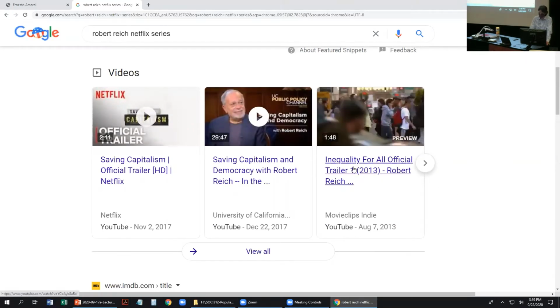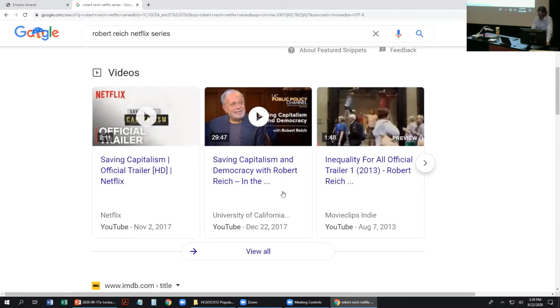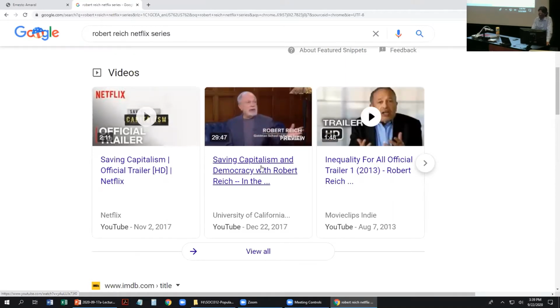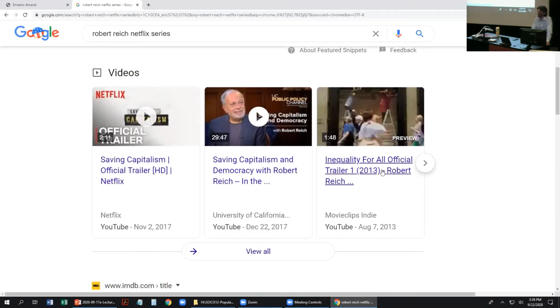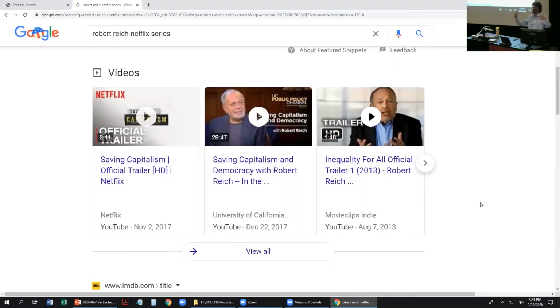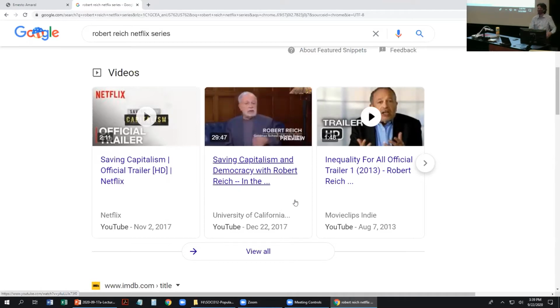One is Inequality for All from 2013, and another one, Saving Capitalism and Democracy from 2017. He's pretty much the first one focusing on the increase in inequality in the country, how exactly the capitalists, the ones that own the means of production, start to concentrate more wealth. And Saving Capitalism and Democracy says this huge concentration of wealth might undermine our political system, the democracy, because those people with a lot of economic power use that economic power to organize our society politically.